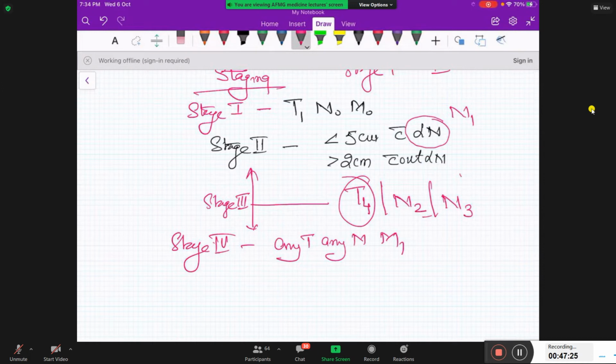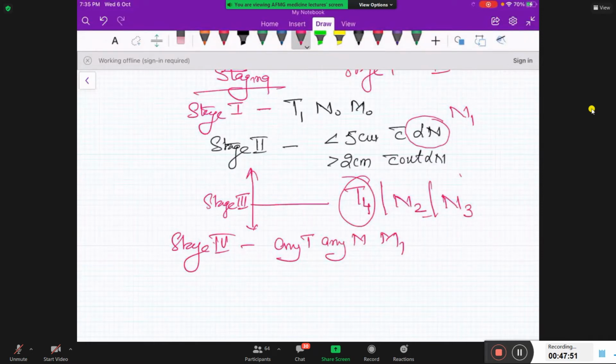Patient comes to you with a 6 centimeter lump in the breast, with matted lymph node in the axilla, with no distant metastasis. Stage.